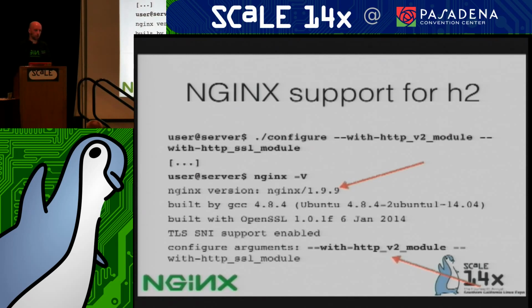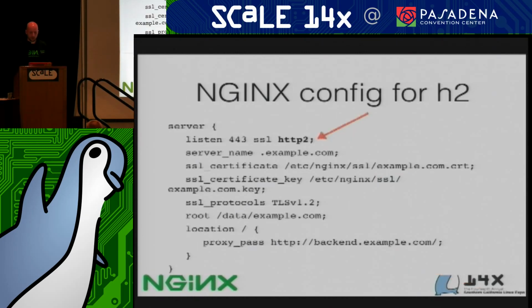When you are using the pre-built packages of NGINX or someone has built it for you, you can check with nginx -V. You will see the configure arguments, and if you see the HTTP v2 module, it means you can use it. So your configuration for NGINX for HTTP2 is extremely simple.